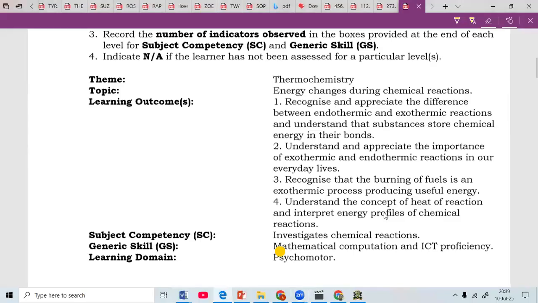Anything that is investigative in nature, that is where we draw the purpose. So we expect that when you read your CAI and you get to know that what I'm dealing with is an investigative competency, that's where we do the practicals.